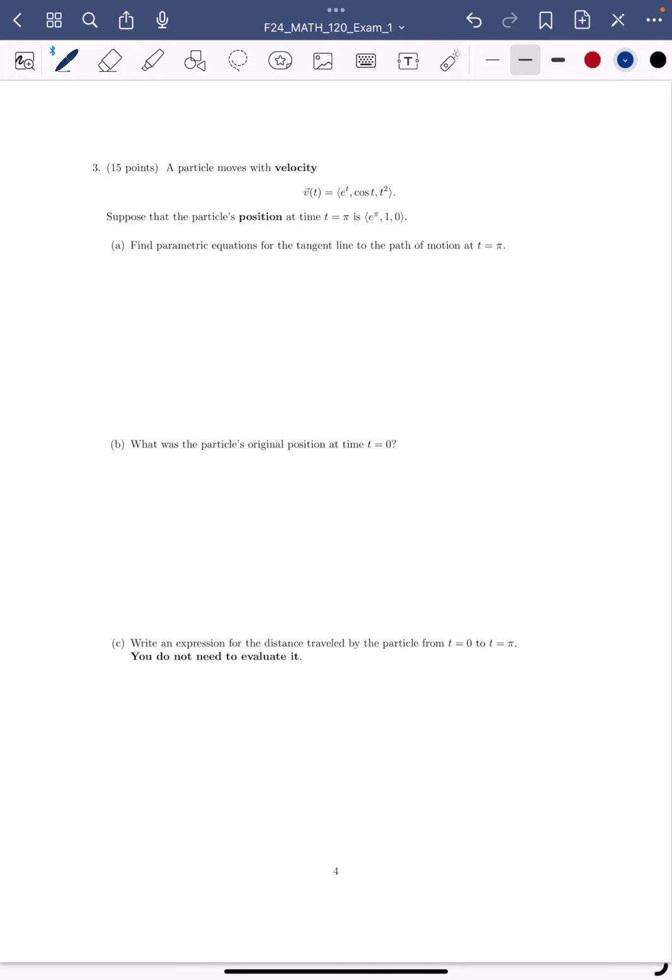Now, the third question. A particle moves with this velocity. Suppose the particle's position at time pi is this point, okay? Then we have to find the parametric equations for the tangent line at t equals pi.